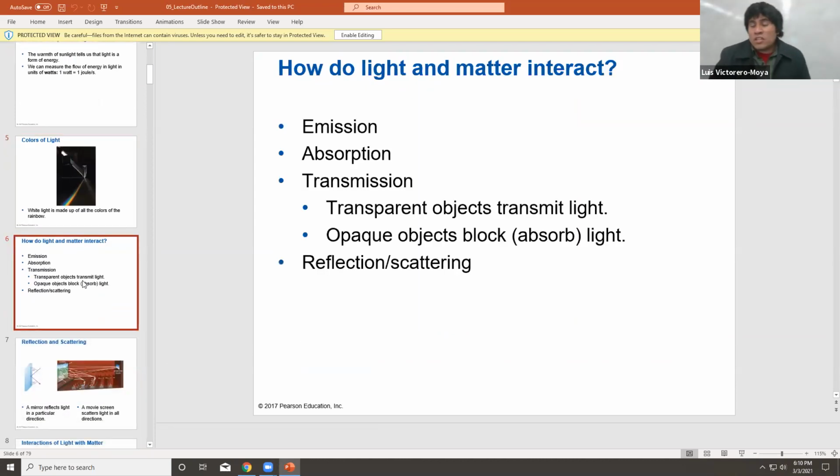So we have emission lines, absorption lines, but we also have transmission. Transparent objects, they just transmit light. Opaque objects, they block light. Now, when we talk about light, I don't want to go ahead too much, but what we are seeing right now in terms of the visible part of the spectrum is just a very narrow part of the spectrum.